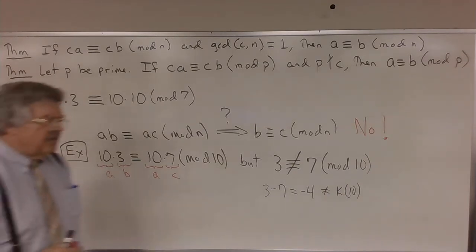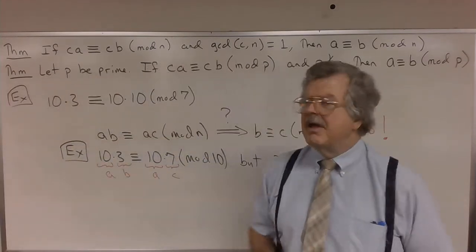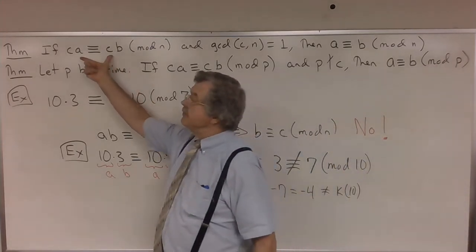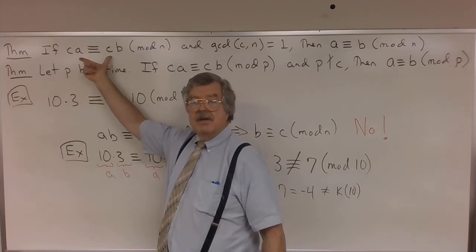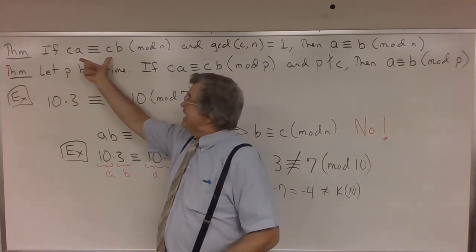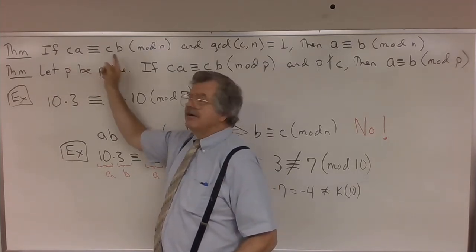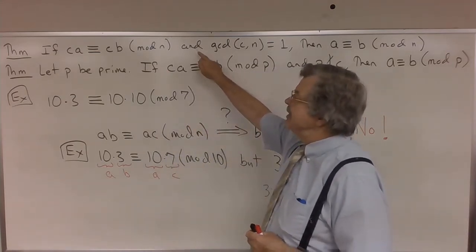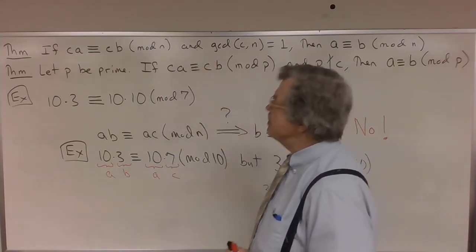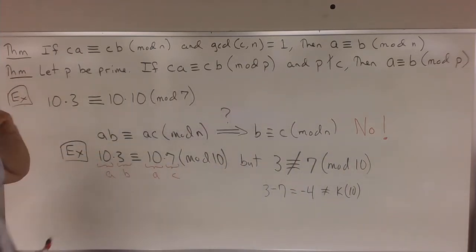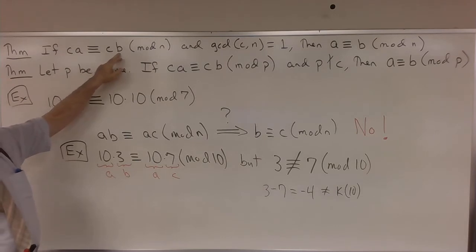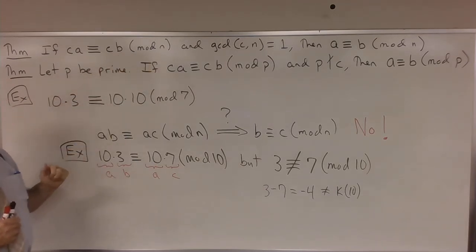So I guess the question now is, are there any occasions where we do have a congruence like this, where we can cancel the common factor from both sides? And these two theorems tell us when this is possible. We have CA congruent to CB modulo n.